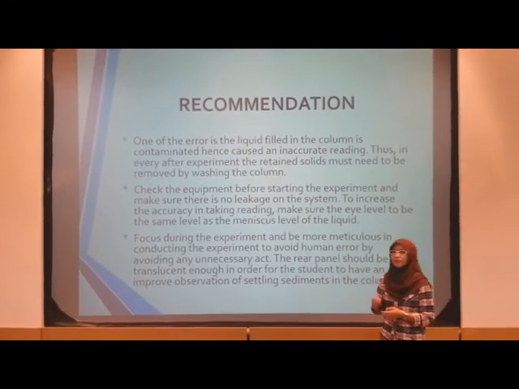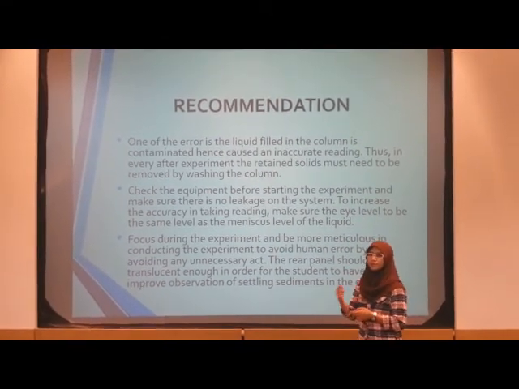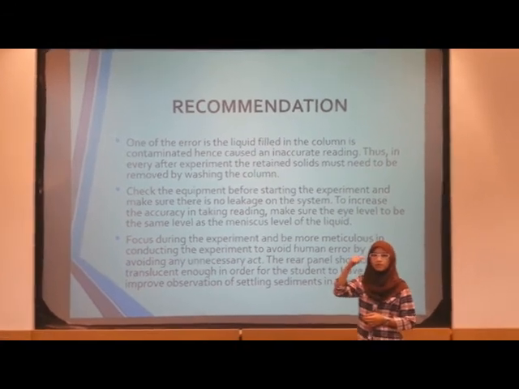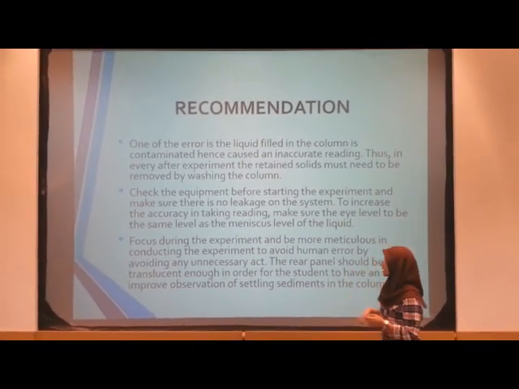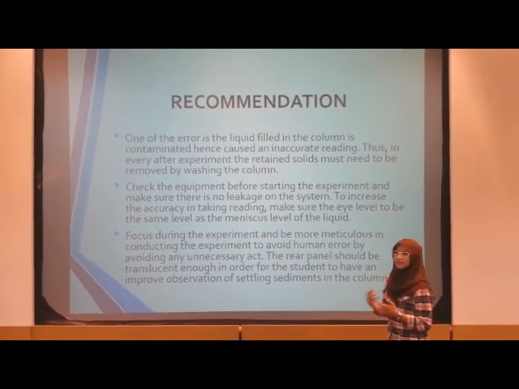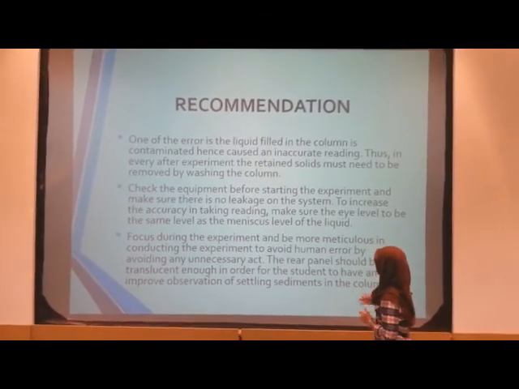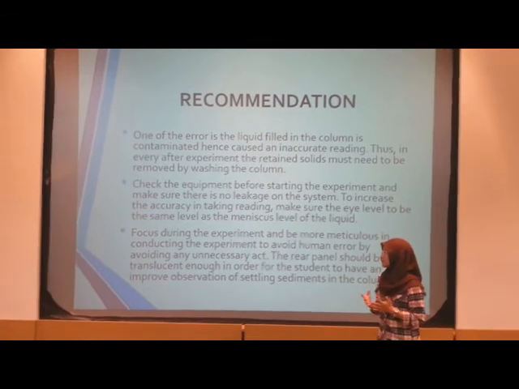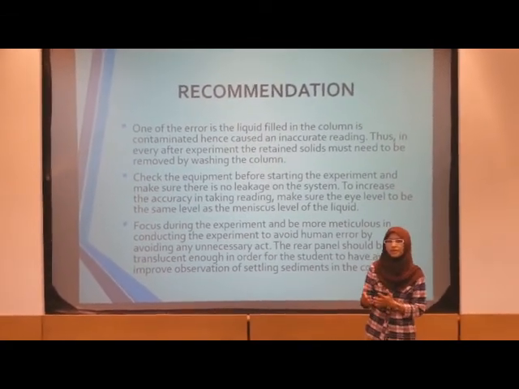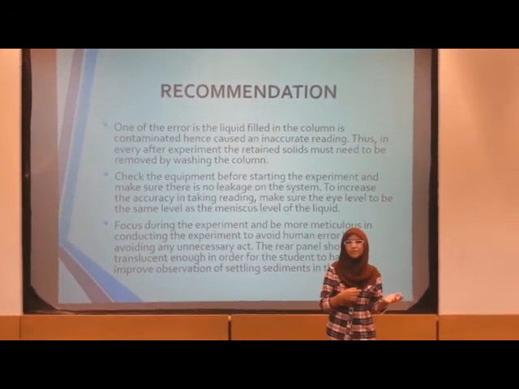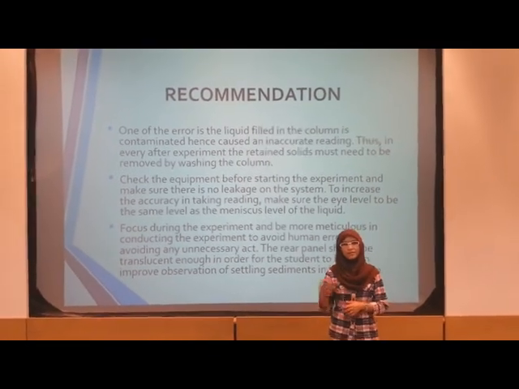In order to increase the accuracy, we need to make sure our eye is parallel to the level of the cylinder. And next, as lab mates, we need to focus during the experiment to avoid any human error. So I pass to my friend for the next part.